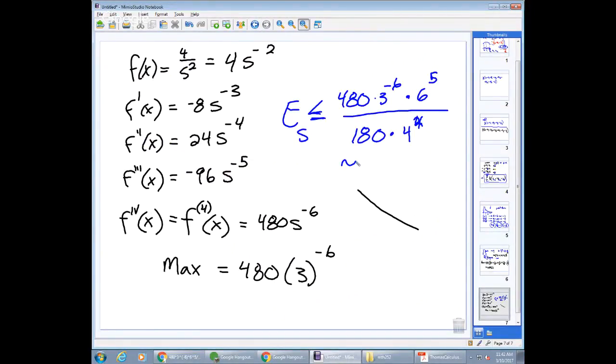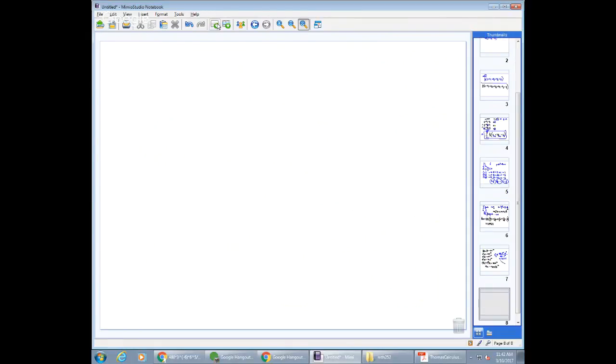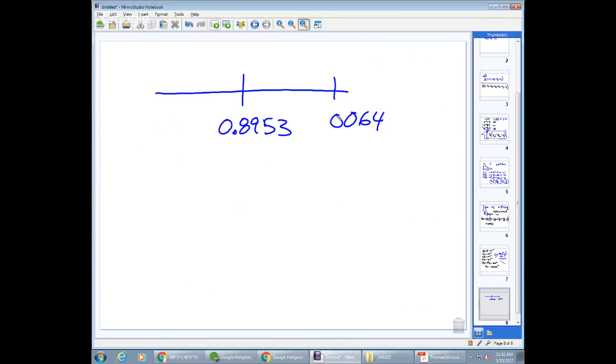So that is approximately, to 4 decimal places, 0.1111. So what we believe now is we think the answer is about 0.8953, but we could be under by 0.1111. So if we add that on, we'll get a 4, we'll get a 6, that 9 bumps up, 0, 0, 1.